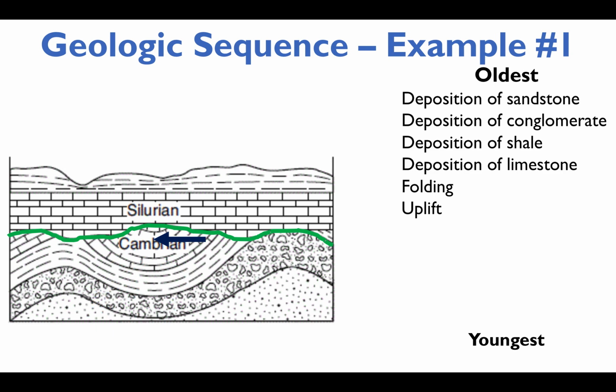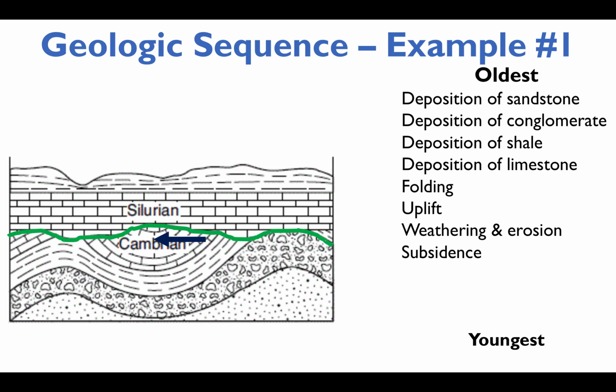What happens next is, in order to get new rock layers to form, you need something called subsidence. I want you to think of the first 3 letters of that word, subsidence. Think of sub like submarine. A submarine goes below the water.